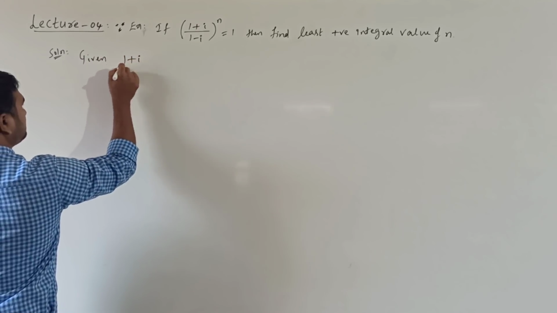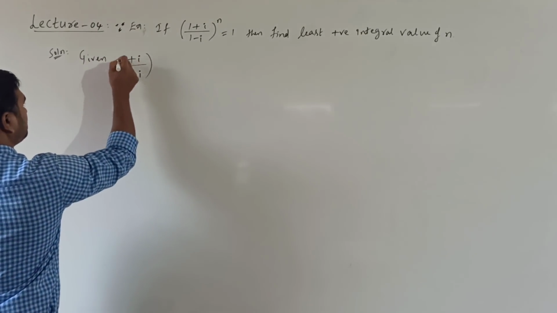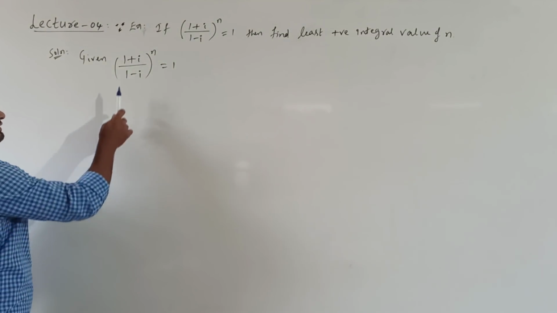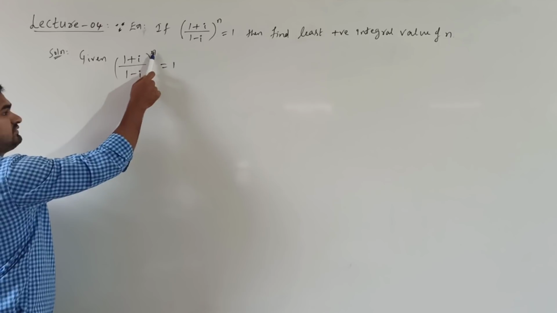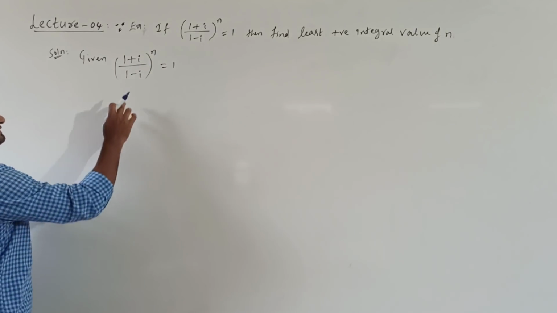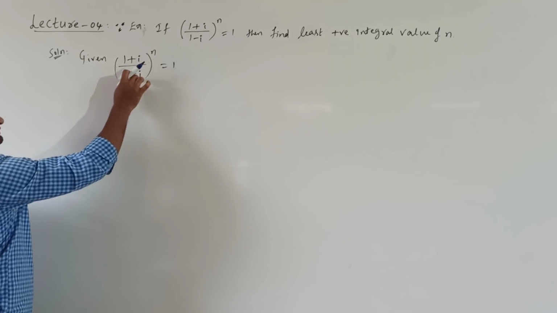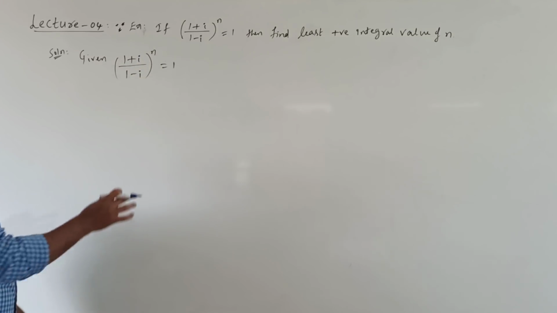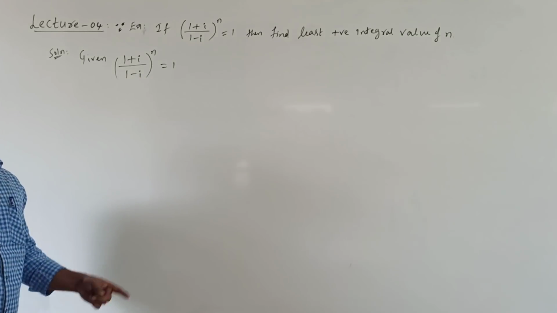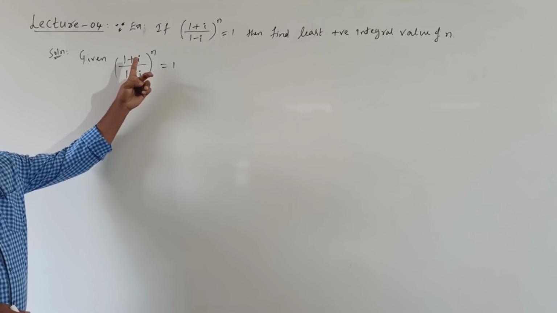Given (1 plus i divided by 1 minus i) whole to the power of n is equal to 1. Now, directly for taking the power, the complex number is not in the form of a plus ib, since the denominator also has i. So inside this bracket we have to simplify this term. For that we take the conjugate of the denominator and multiply and divide.